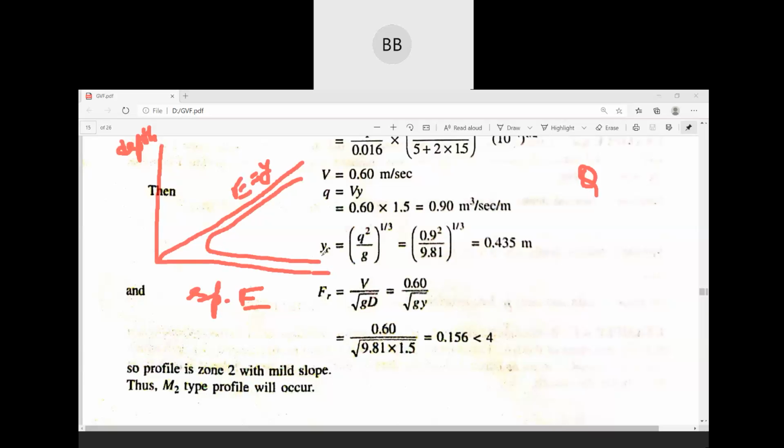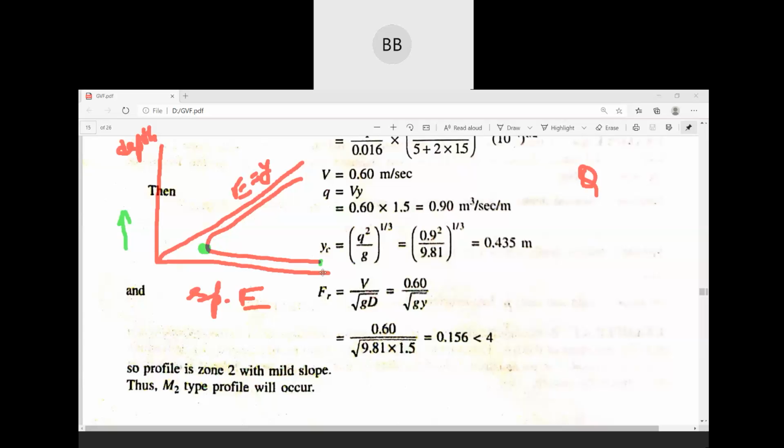We are increasing depth and the specific energy is reducing, and then it reaches a minimum value. After this, when you again increase the depth of flow, the specific energy again increases.